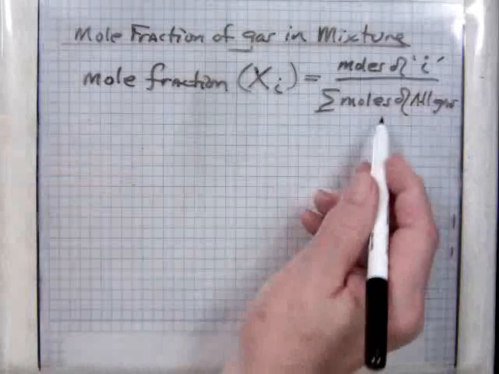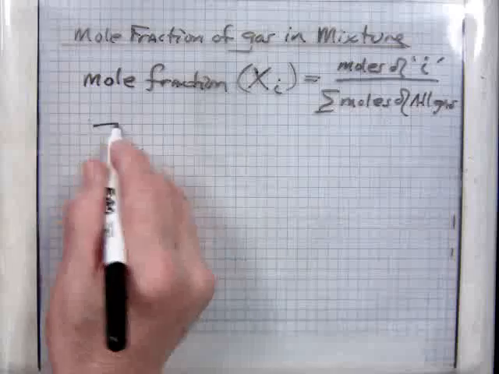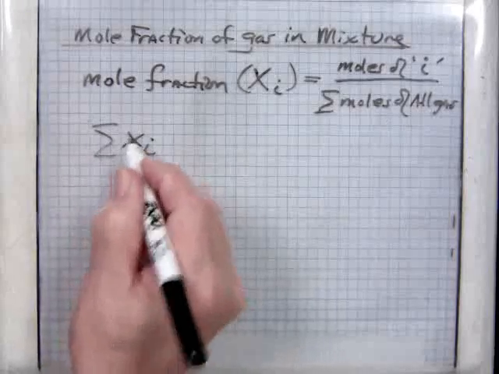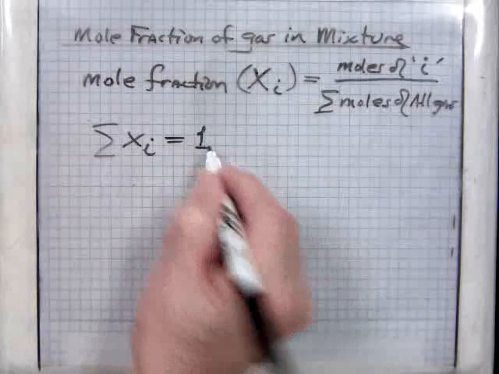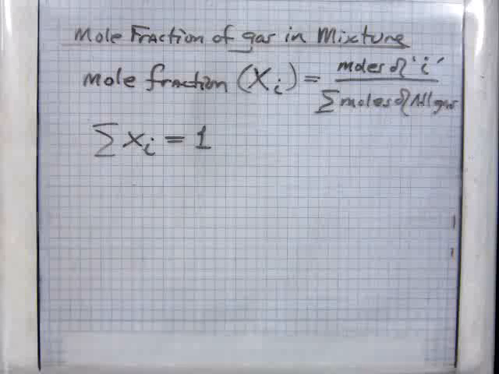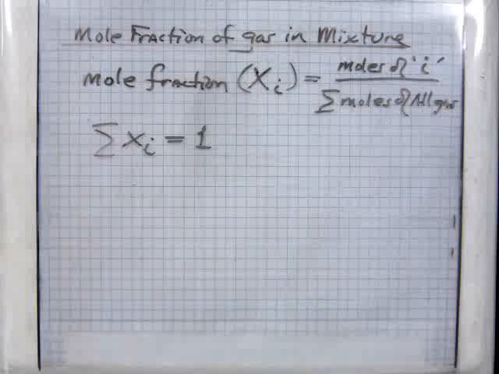Now, one of the elements in this is that the sum of all the mole fractions always equals 1. So if you had all the percentages of a mixture, you would add them up, they'd be 100%. Well, mole fractions are not expressed in percentages. They're expressed as decimal fractions, but it's the same thing. You would add them up, they'd be 100 if they were in percent.